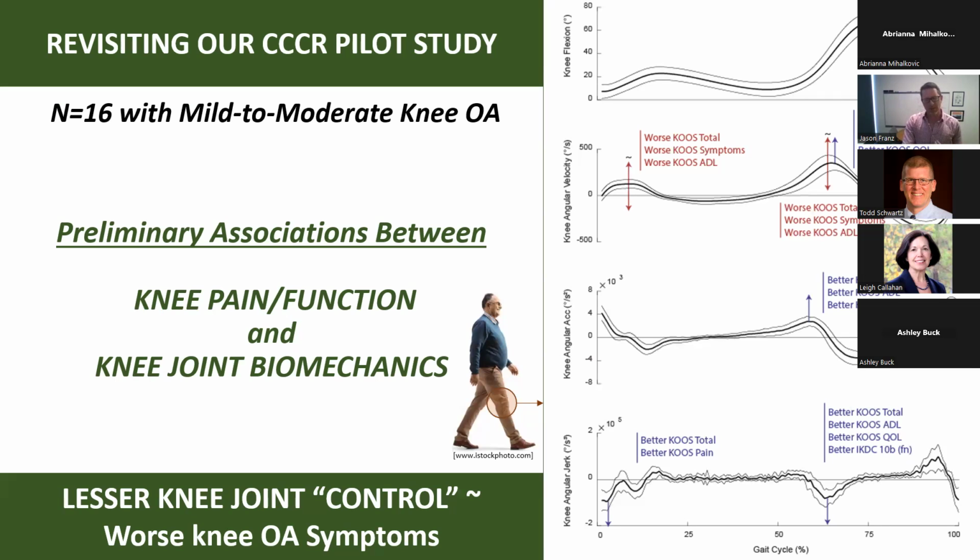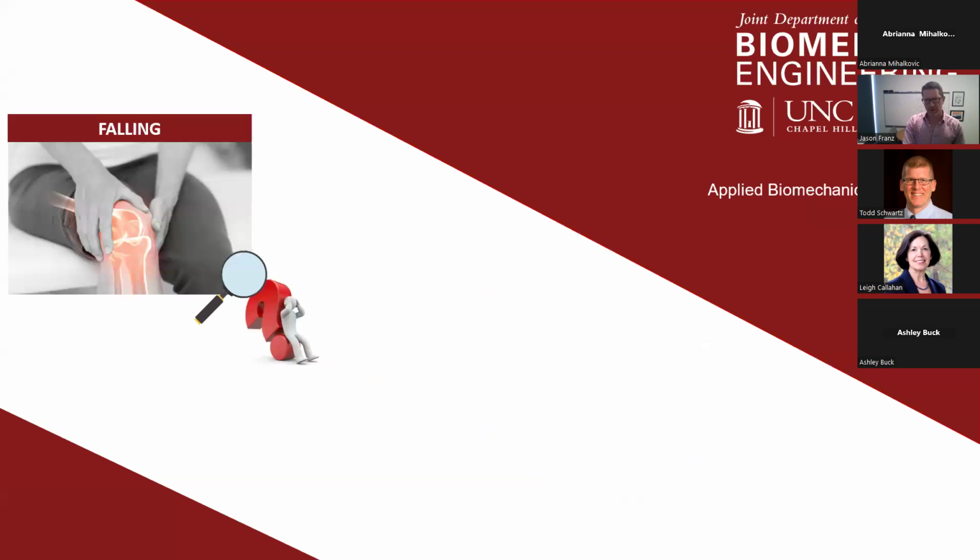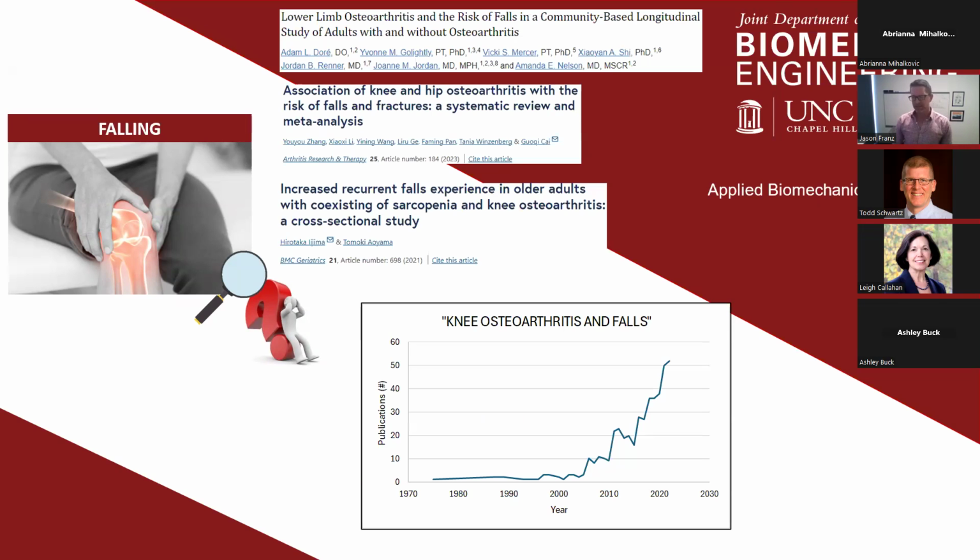When I think of control, I start to get into our research on balance and falls. And so that's sort of where I want to go with this. Now, this is an interesting one, and this isn't unfamiliar to this crowd, but it is something that has started to get more and more traction, this notion of knee osteoarthritis and falls.